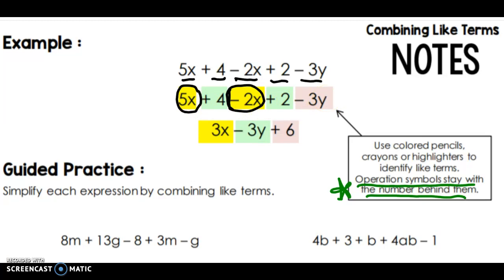But then we see a green color here circling the constant, or just that plus 4. Again, that plus sign goes with the 4. It's a positive 4. And then there's another green highlighting that positive 2, or plus 2. These are both constants, and therefore we can combine them. We know how to add 4 and 2, and we've known how to do that for a while now.